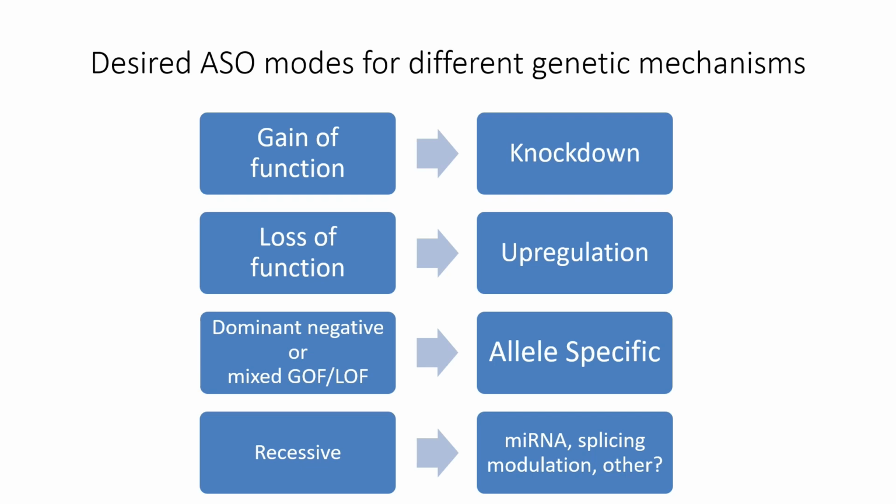You move to this allele-specific knockdown, such as just described. And then for recessive genetic disorders, there's a host of other ways: targeting microRNAs, targeting splicing, or other modes. So you can see ASOs are fairly well poised and have quite a few options available to you depending on the precise genetic mechanism.